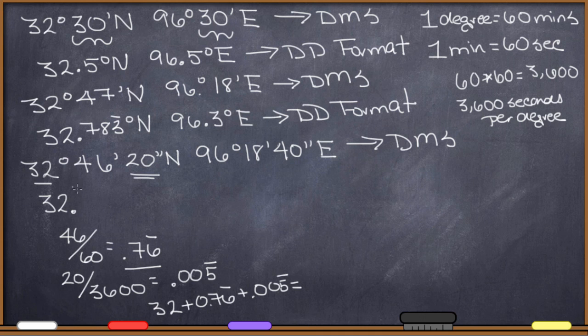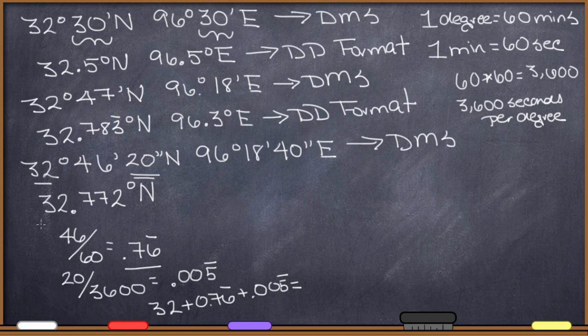So that should give me 32.772 approximately. And this is still degrees. This is the fractional number of degrees north right there. So 46 minutes 20 seconds is equal to 0.772 when you do the math out.